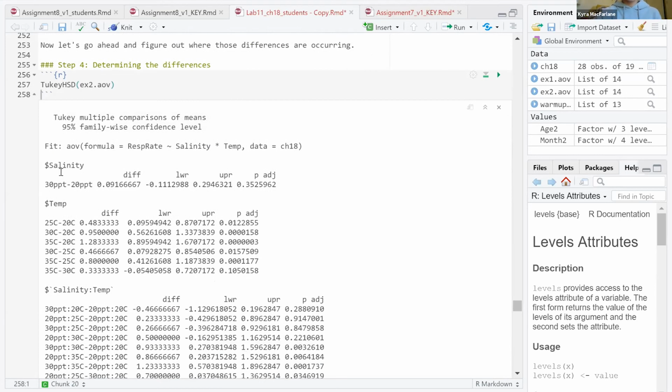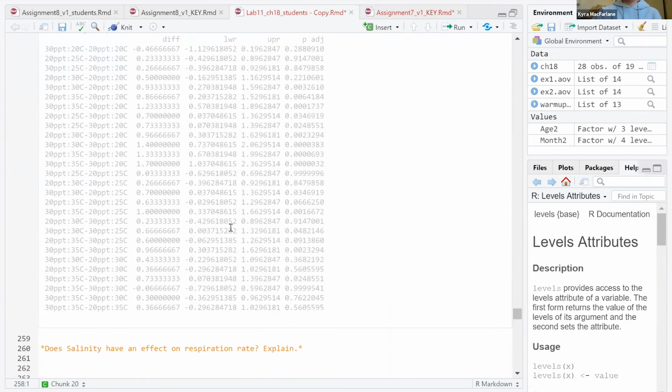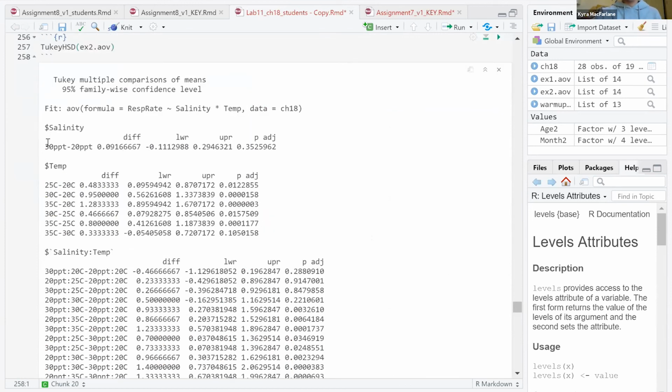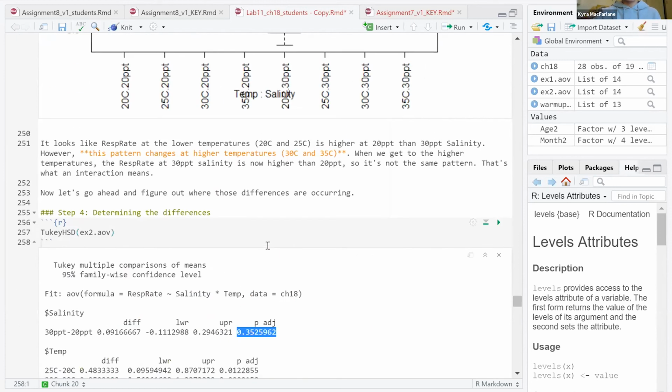So let's look at salinity. When we look at salinity, we're comparing 30 parts per thousand to 20 parts per thousand. The p-value is greater than 0.05. We already knew that it wasn't significant. We got that up here.